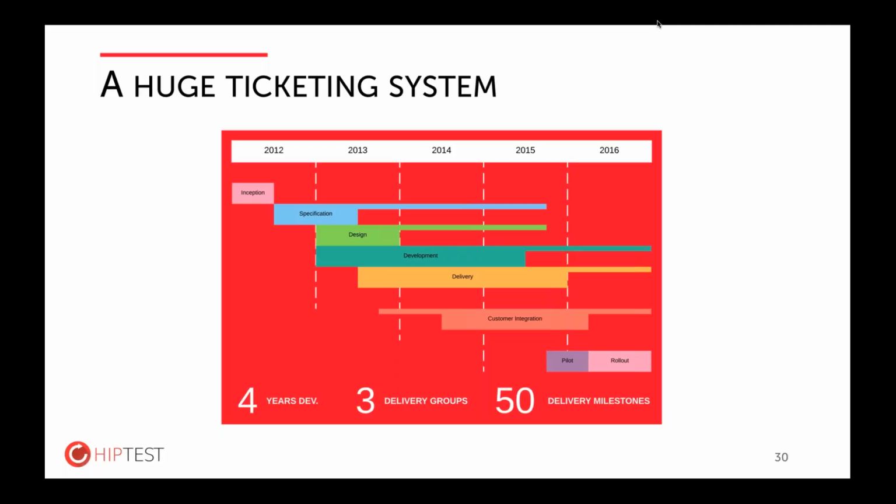We had 2-week sprints for all the teams, and the delivery has been split in 3 groups of different functional scope, and that represent 50 milestones. So releases were provided to Tieto for integration in the global system at least once a month.